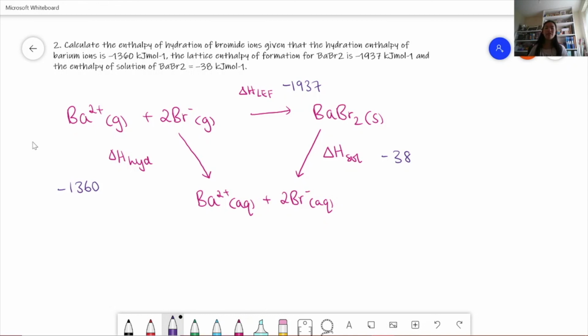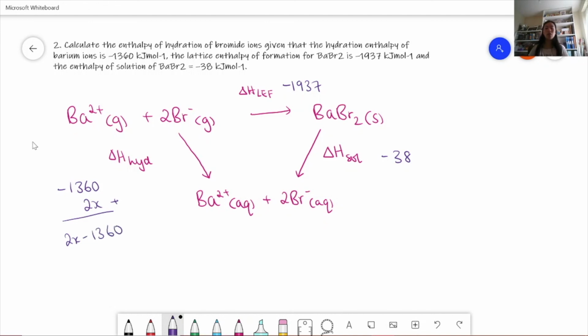However, we need to remember the definition of enthalpy of hydration of bromide ions, and that's 1 mole of bromide aqueous ions formed from bromide gas ions. Because we're forming 2 moles, we need 2 times this unknown value. I'm going to call the unknown value x, and we're just going to add 2x onto the minus 1360. So this is 2x minus 1360.